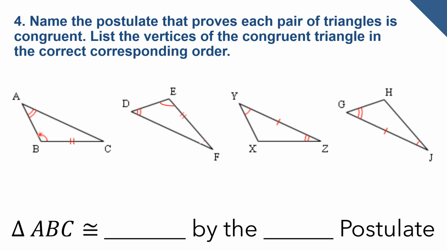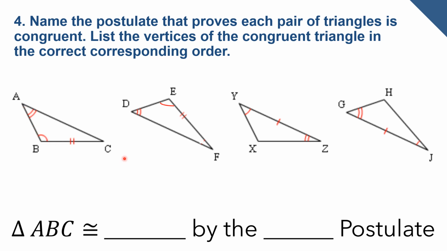The side that's in between those 2 angles, that's AB. So that's this little line segment right here. BC is not directly in between those 2 angles. If it was in between, that would be angle, side, angle. Since it's not in between, that's going to be angle, angle, side.